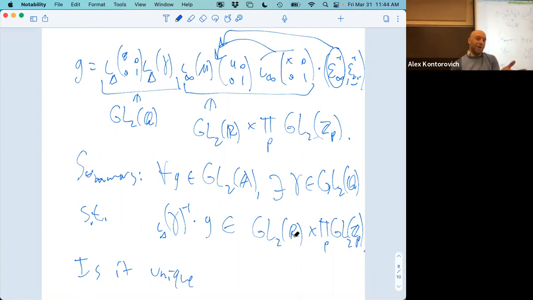I can make it GL2R. I haven't done anything, but then here, I don't have a restricted product of GL2QPs. I have GL2ZPs everywhere. That's what's changed. You use density. That's right. Okay, is it unique? And the answer is no, and to be continued.